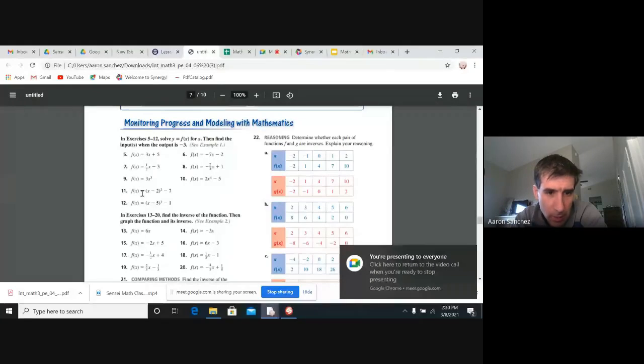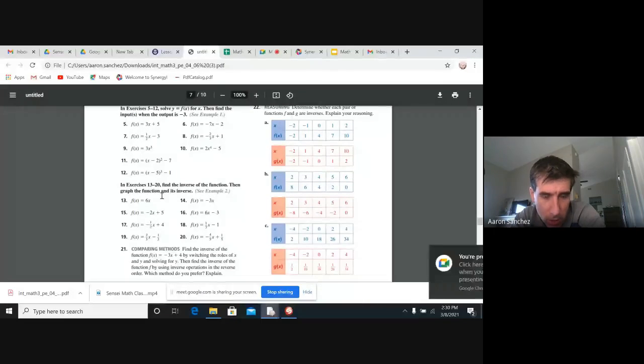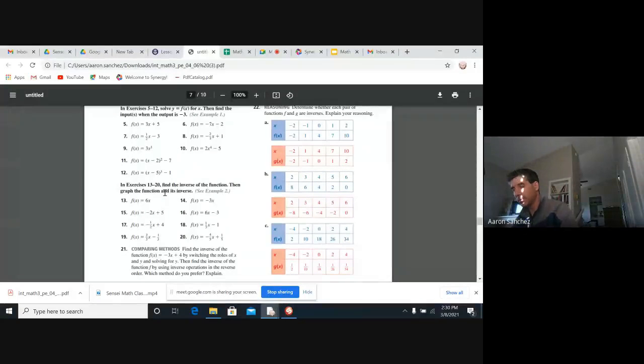Okay, that was number 9. Let's see what else we can go over here. Thirteen, I think, is the next one. In exercises 13 through 20, find the inverse of the function, then graph the function and its inverse. Is 13 next, or am I skipping something?